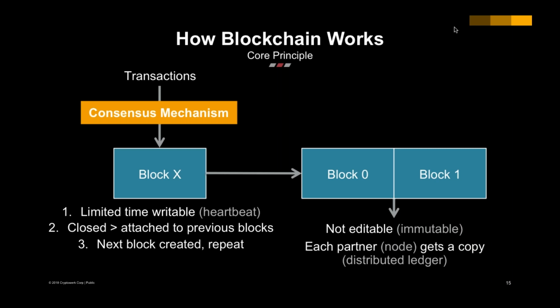And then when the time is over, the block is sealed, closed, so nobody can write into it anymore. And then it's attached to all the previous blocks that you see on the right-hand side. Then everything is encrypted and distributed to each partner on this blockchain, and that's why it's called a distributed ledger.